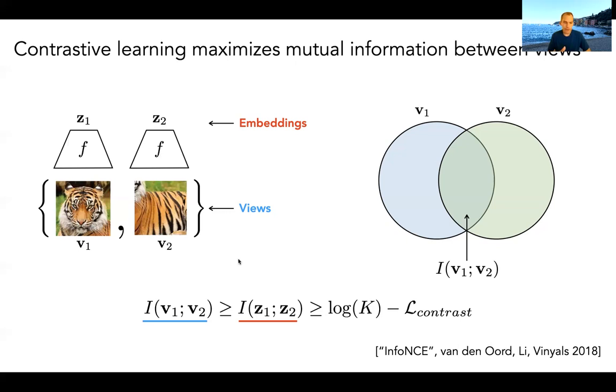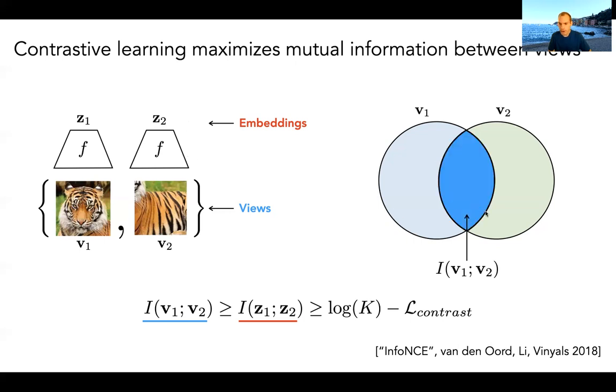And by the data processing inequality, the mutual information between the representations is less than the mutual information between the raw views themselves, because the embeddings are a deterministic function of the views V1 and V2. So if we minimize the contrastive loss, the effect is that it will maximize the mutual information we capture in the embeddings.